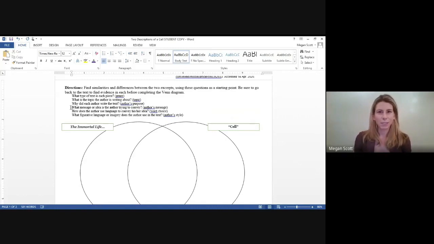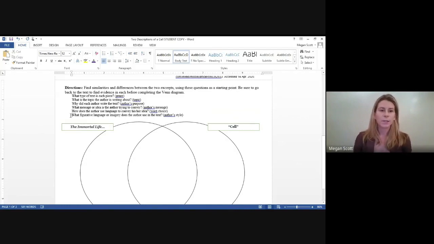What is the author's message in each, or maybe it's the same? How does the author use language to convey his or her idea? Looking at that word choice. They didn't just use these words for no purpose. They really picked specific words for a reason. That is called word choice. So how did they use that language to convey their idea or their message?